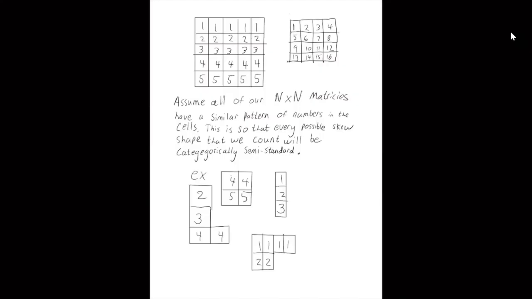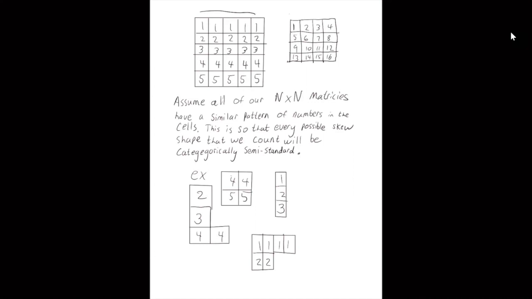Hello, so I'm going to show you our method of counting semi-standard skew shapes in n-by-n matrices. For example, right here, we have a matrix that satisfies the semi-standard definition of weakly increasing rows and strongly increasing columns.